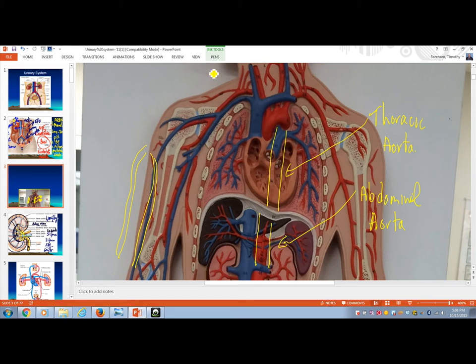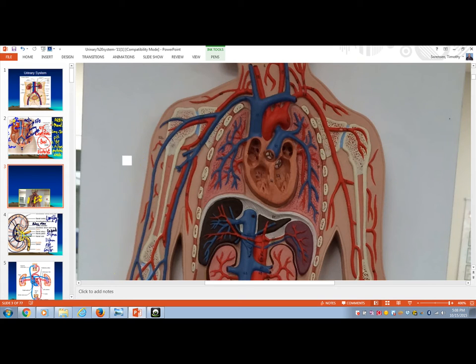From the thoracic and abdominal aorta, there are tons of arteries that branch off of them. Again, this is general, and I want the major arteries. So let's look.